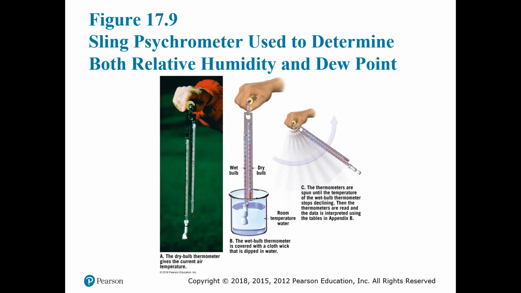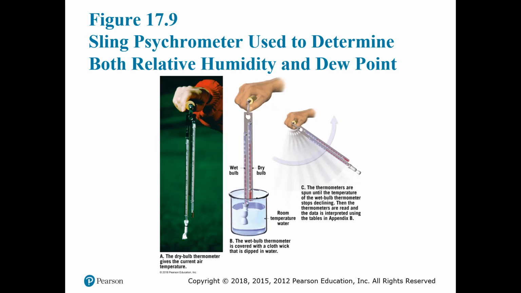And what's going to happen is that the water is going to evaporate from that piece of cloth, absorbing heat energy. And as it does that, the temperature starts to drop. The amount of cooling that takes place is proportional to the dryness of the air. So if the air is really dry, then the cloth wick is going to evaporate more.